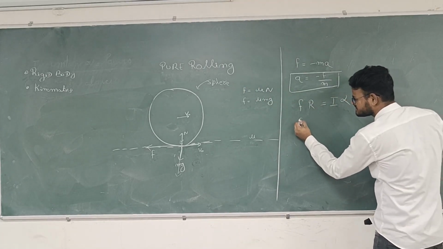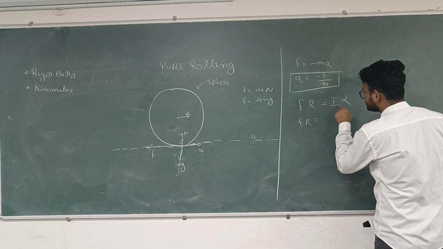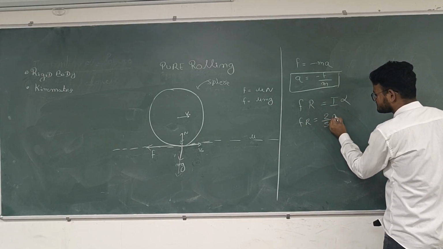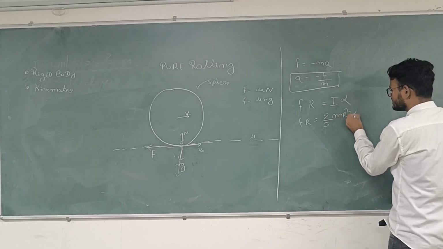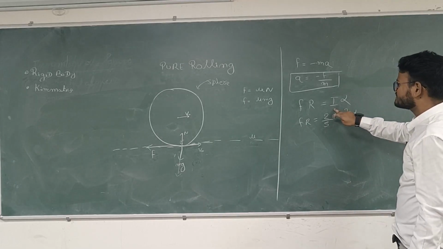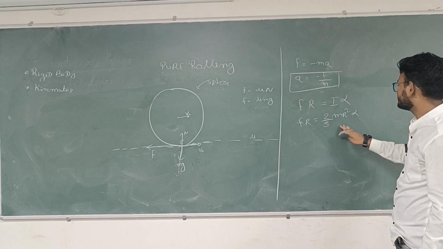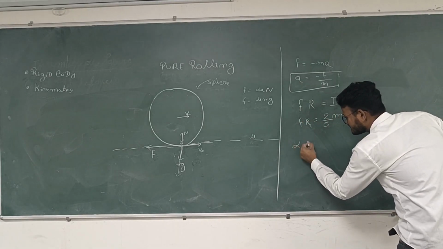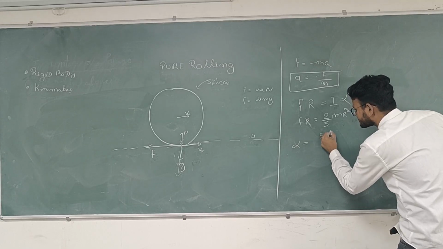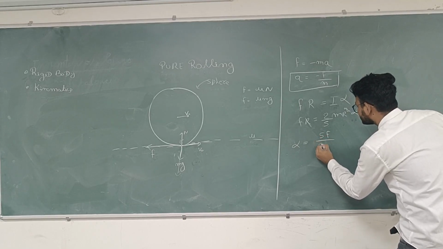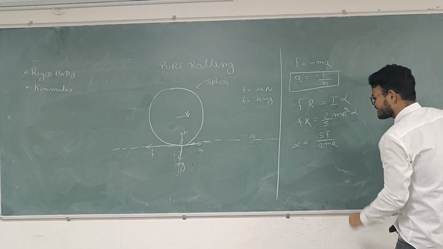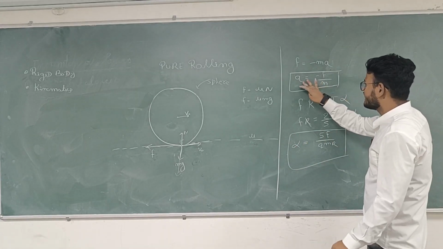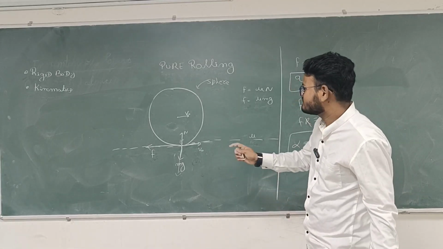So F r equals 2 by 5 m r square alpha, because the moment of inertia for a solid sphere is 2 by 5 m r square. One r is cancelled, so alpha equals 5F upon 2 m r. So we have both the angular acceleration alpha and the linear acceleration a.